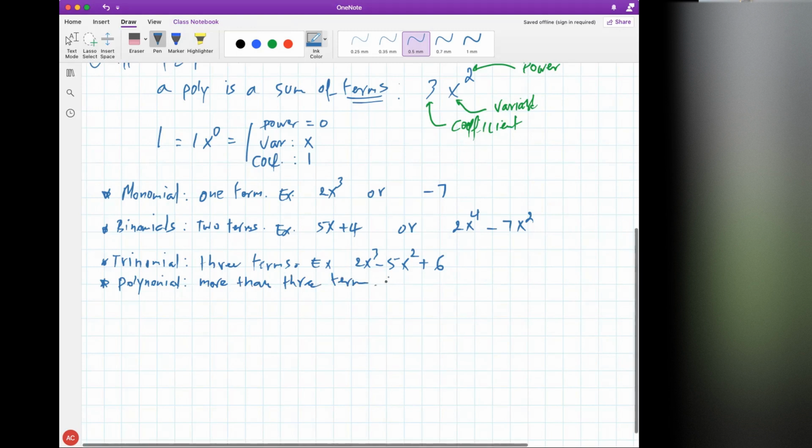Example, any 4 terms, 5x to the third minus 4x to the second, for example, next, and minus, for example, 8. Okay, 4 terms. So terms are separated with additions and subtractions. So between each 2 terms, it's a sum. We said here it's a sum because every subtraction we can think of as plus something.